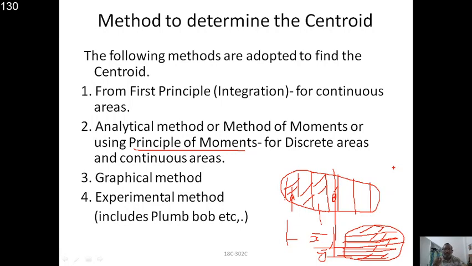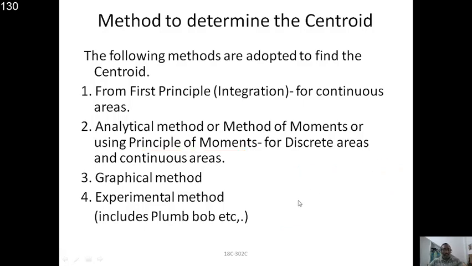So this can be used for discrete areas or continuous areas also, but for discrete areas it is most useful. If I use discrete areas like this, say a rectangle, and in addition to that a triangle over this, integration becomes very cumbersome and takes more time. Whereas the analytical method, or method of moments, gives an easy way to calculate the centroid.